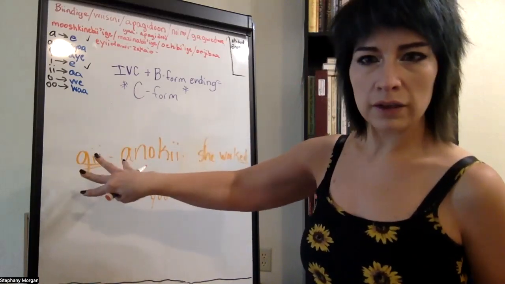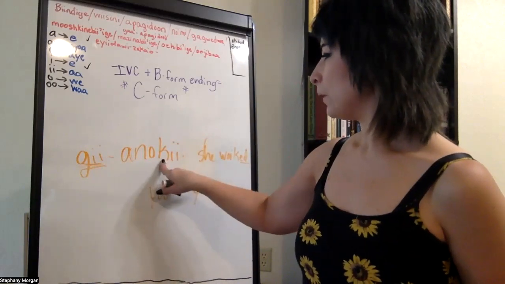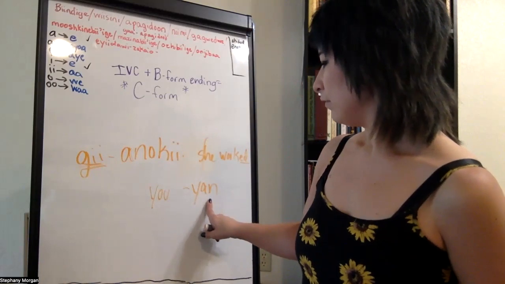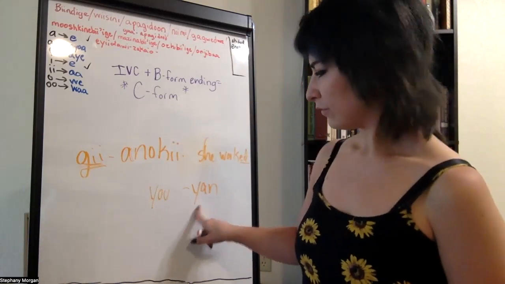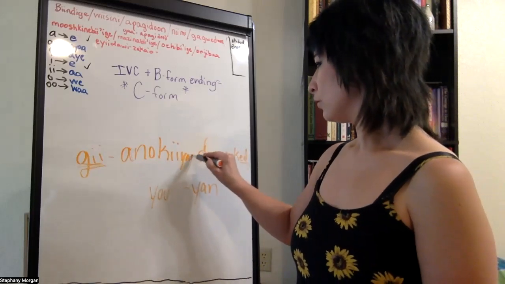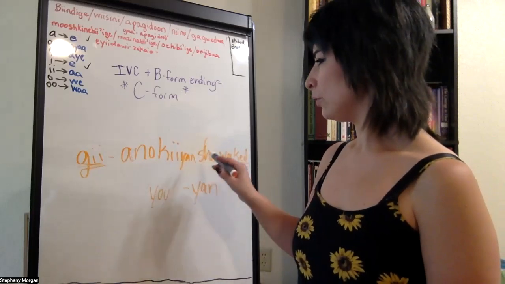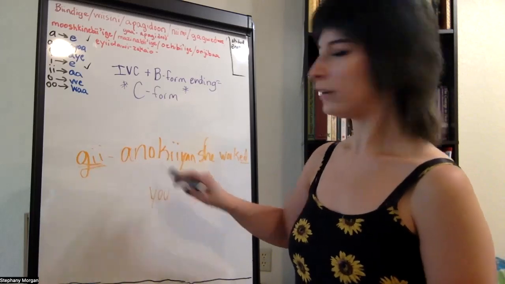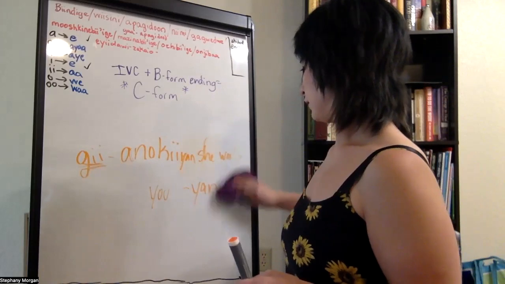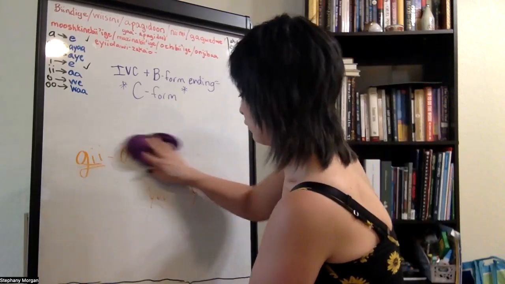You already know what gi means, so you look up anoki, and you remember yun is the B form ending for you, and so we know gi anokian means when you were working. And that's how you go backwards.